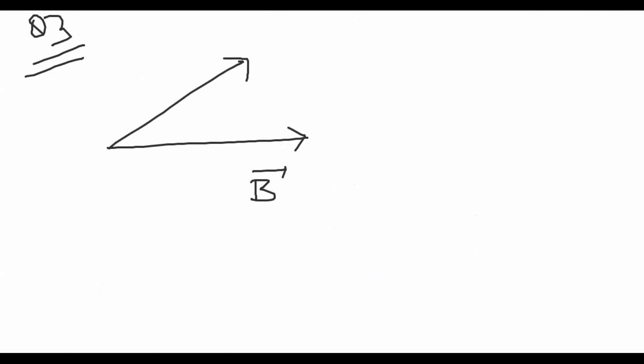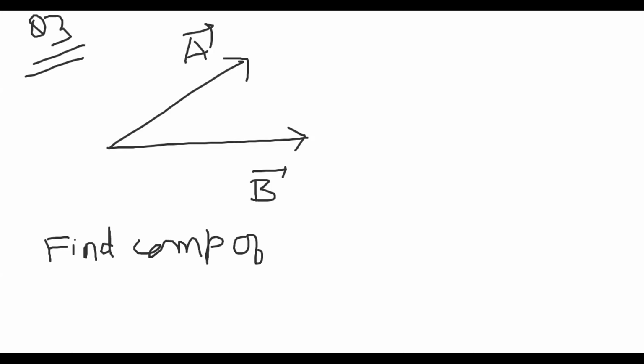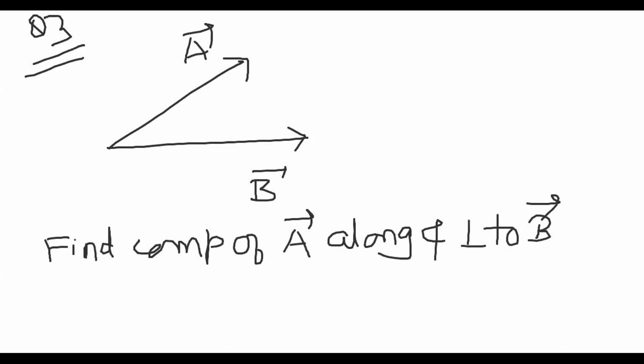This is vector A and vector B. Find the component of A along and perpendicular to B. This is question number 3.